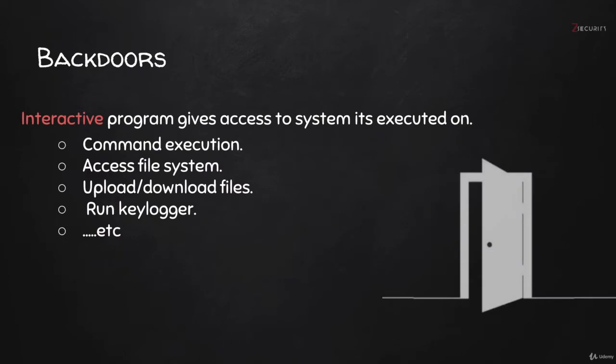Now, when I spoke about backdoors, we said the most basic functionality is to allow the hacker to execute system commands remotely. But a lot of backdoors allow you to do much more than this. For example, they'll allow you to upload or download files, they allow you to access the file system, and so on. So, in the next lectures, I'd like to start implementing more features in our backdoor so that it's more useful.